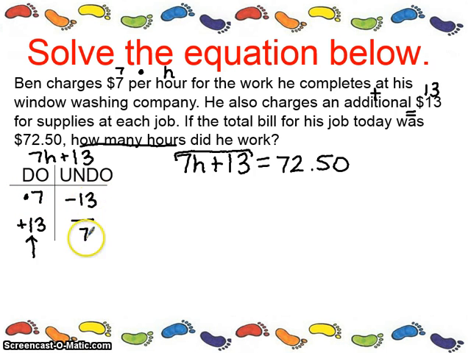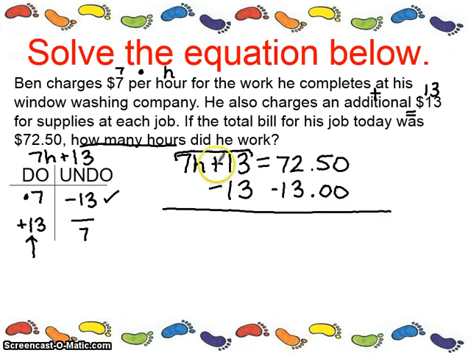So let's perform these two inverse operations on this equation. We're first going to subtract 13 from each side. Make sure you write the 13 underneath the 72 because those are both the wholes. You can add 0.00 if that helps you.